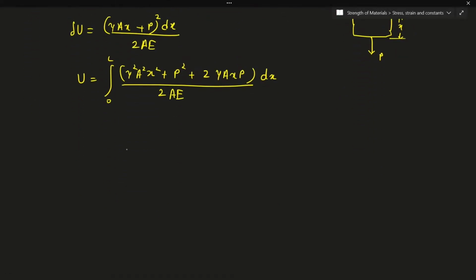If I simplify this, the strain energy will be given by gamma square A L cube divided by 6 plus P square L by 2AE plus gamma P L square divided by 2E.